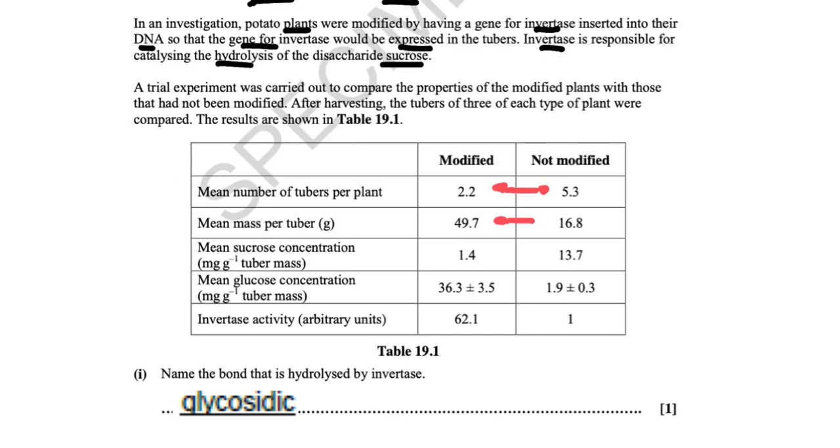The mean glucose concentration is massively higher than in the not modified, and the variation in the mean glucose concentration is also much higher. And the invertase activity is 60 times higher in the modified than in the not modified. All of this data is going to be referred to in the last part of the question.